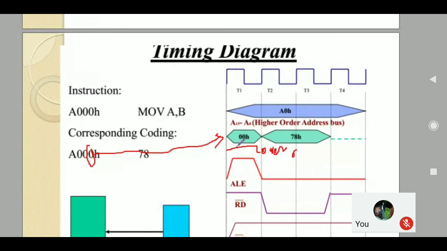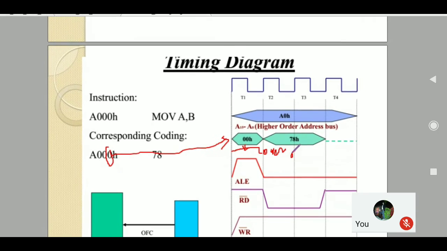You can write here below, lower order address bus, just below this one.